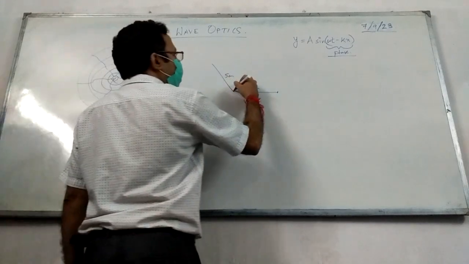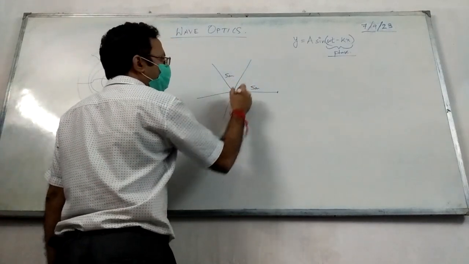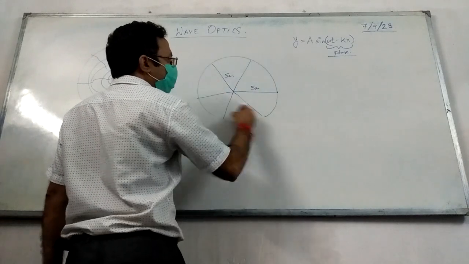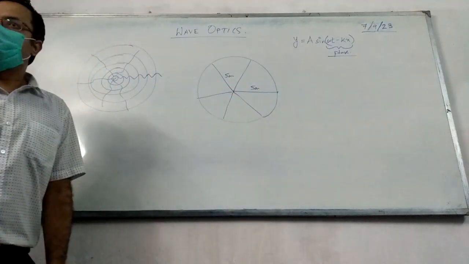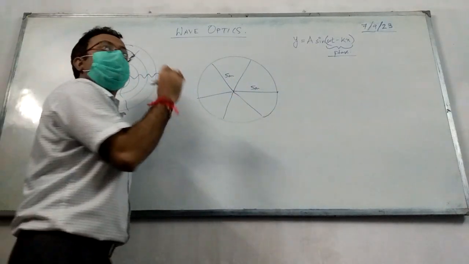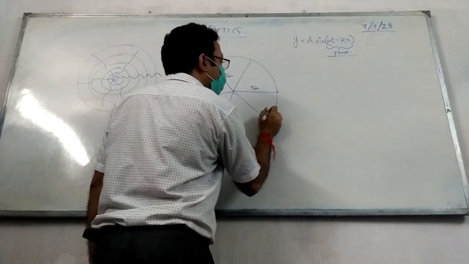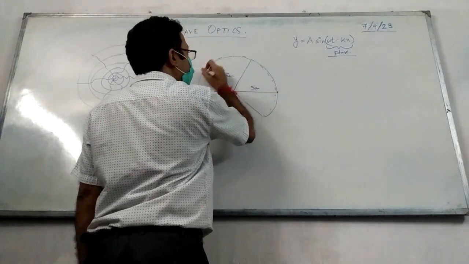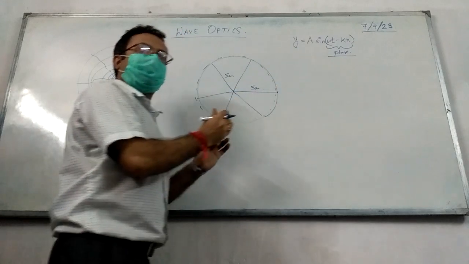So if you take all those points, of course, they will form a what? A circle, right? So this circle is made up of infinite number of waves, right? Infinite number of waves make up this circle.